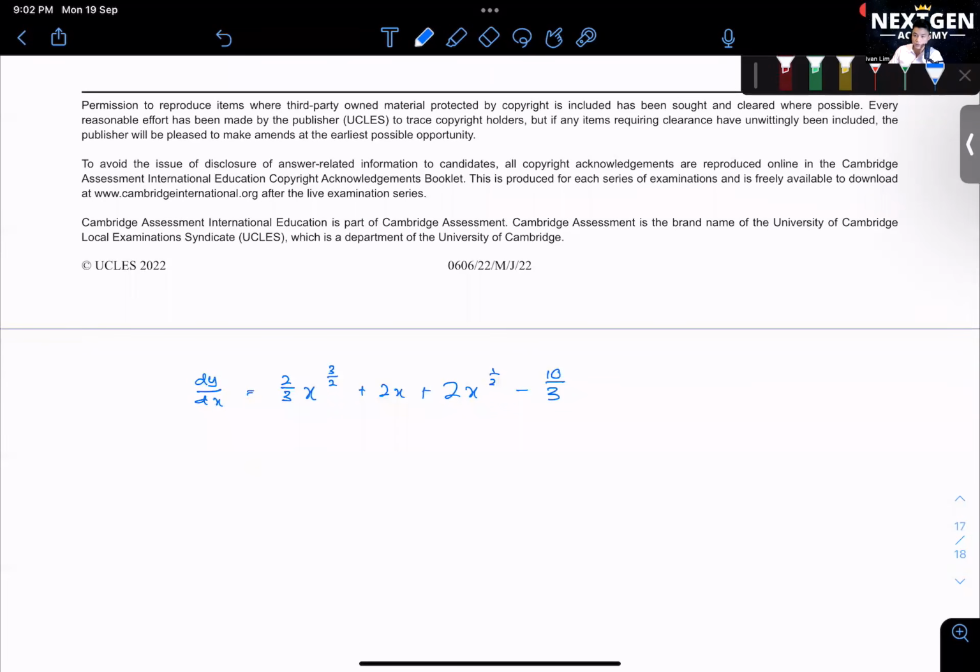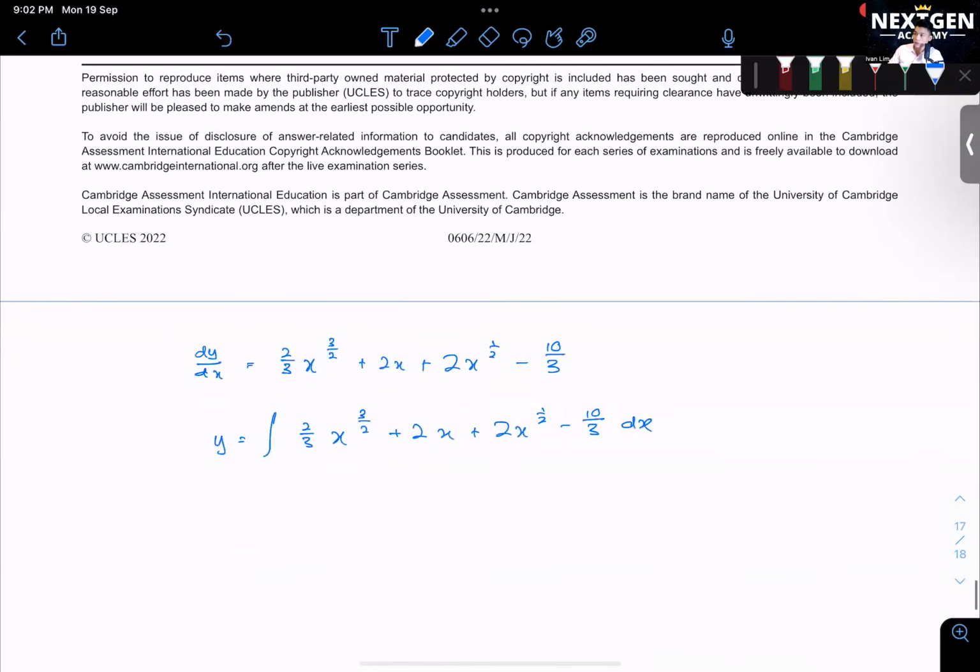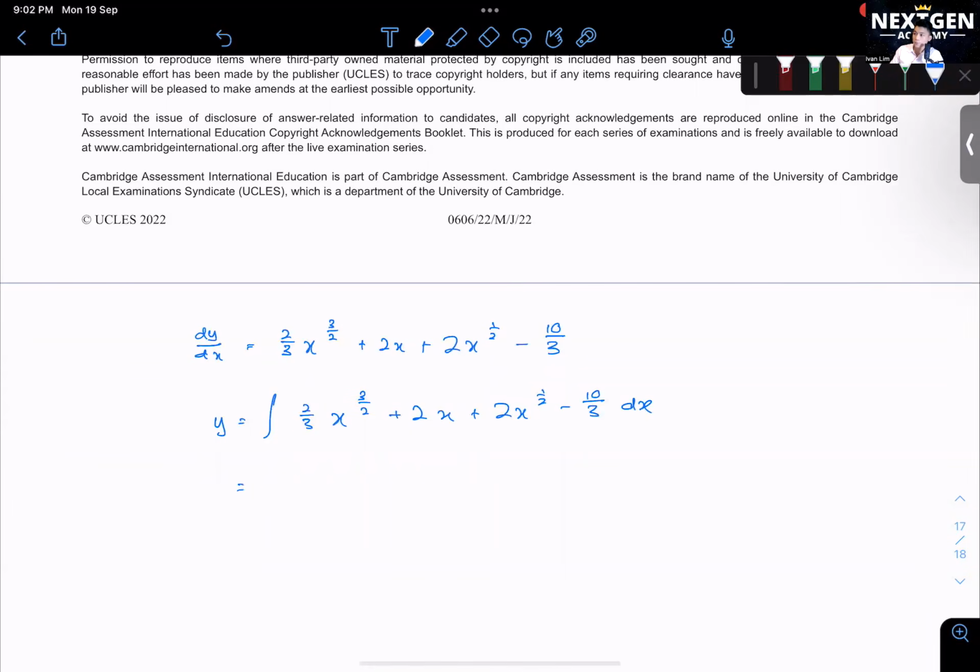Then after that, you integrate it one more time. Y equals to, whatever value the equation on top, minus 10 over 3 dx. This one just basic one again.